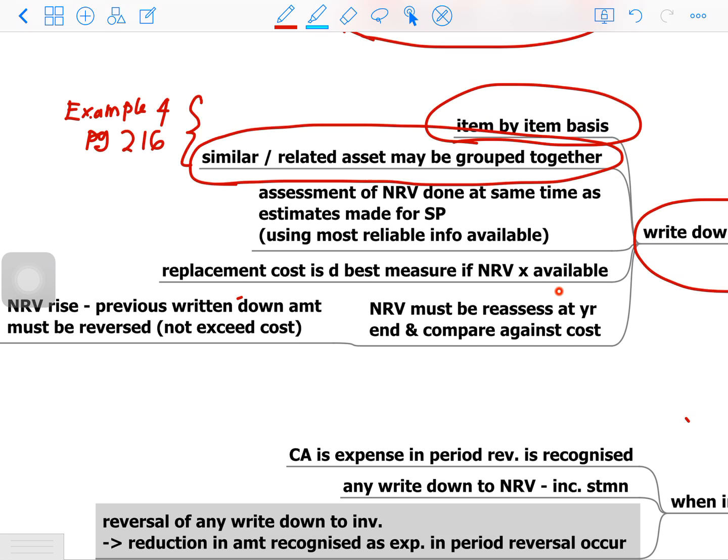Replacement cost is another cost available as a choice. Replacement cost means the cost to replace the inventories.